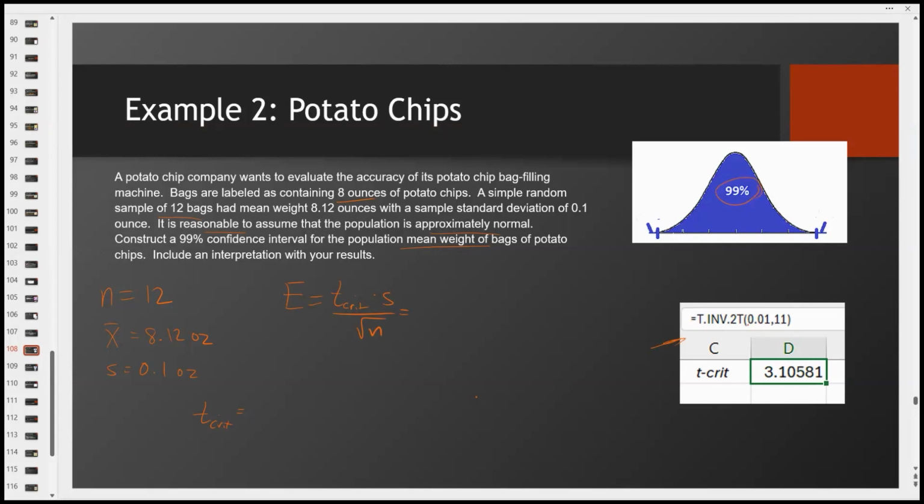Then we want 1% to be split across the two tails so that you have 0.5% here and 0.5% here. And so that's why you see the 2t here. We will use a slightly different command later, but for now, this is what you'll use for confidence intervals. And this will give you the critical t value.